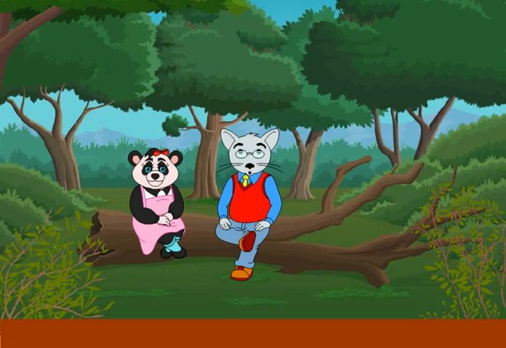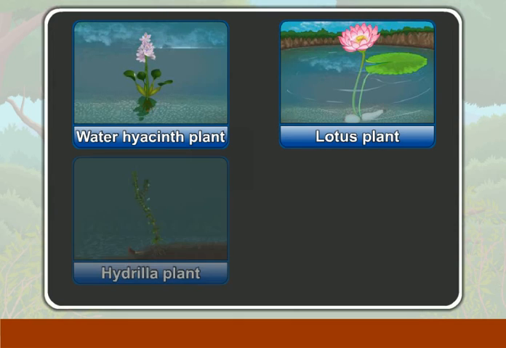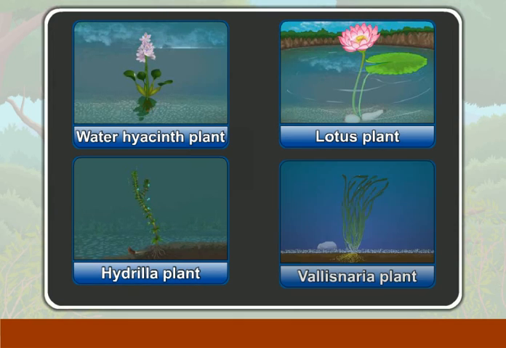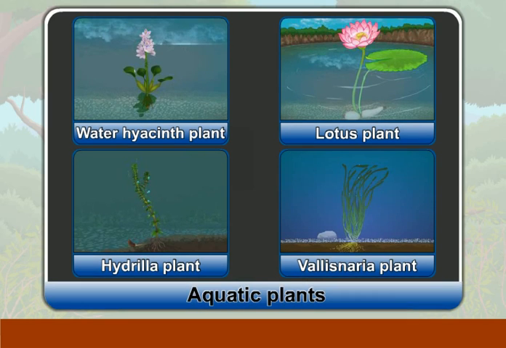Students, we have discussed about the various plants and their habitats. Let us recall them in short. Plants like a water hyacinth, a lotus, a hydrilla, and a vallisneria are aquatic plants.